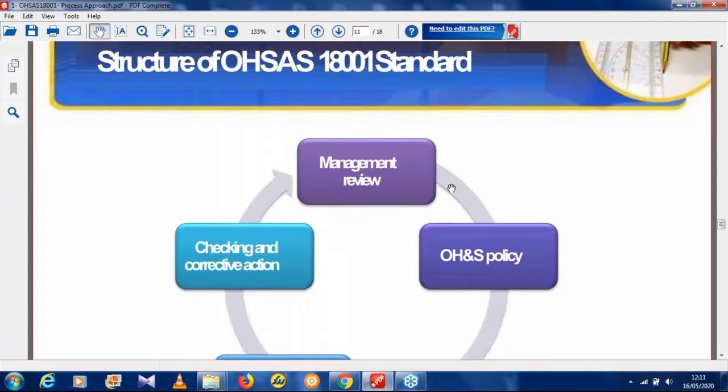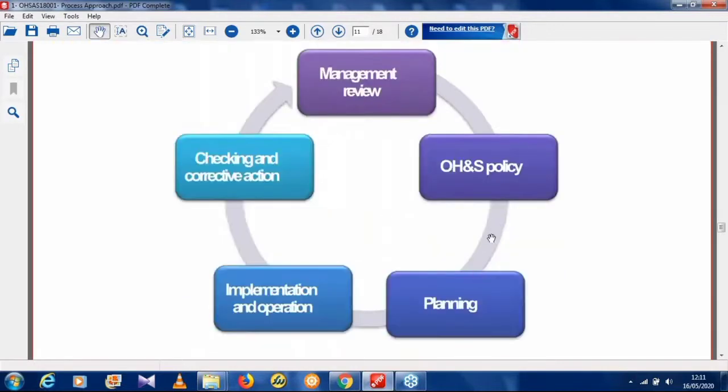Now, apart from the health and safety policy, you also have other sub-policies that are attached to that. So the structure of OHSAS 18001 covers this part also. Then we also have planning, then implementation and operation, and checking and corrective actions.